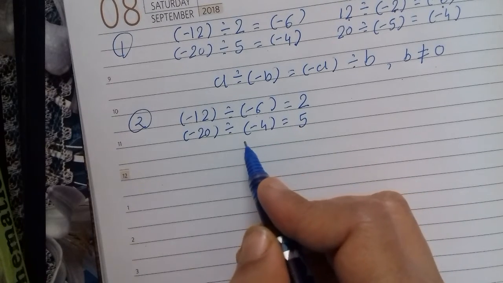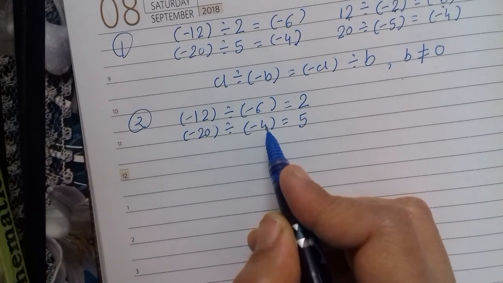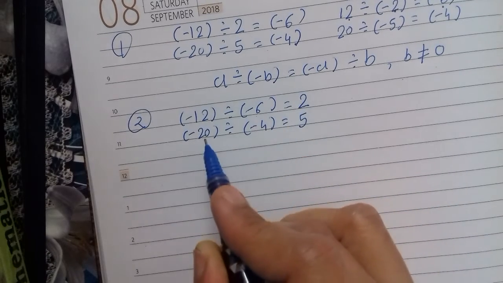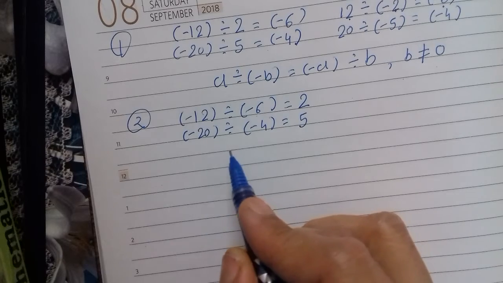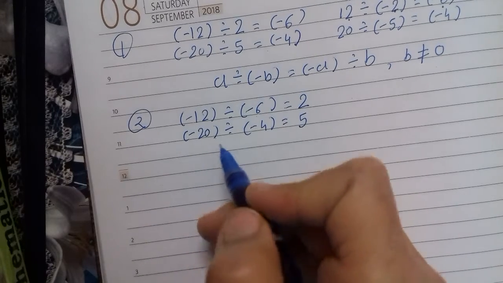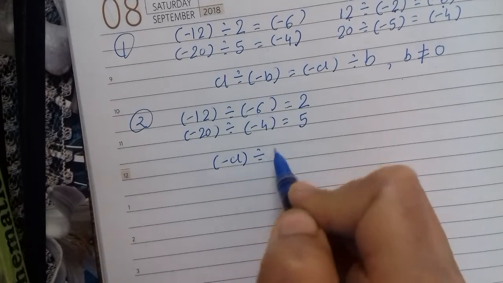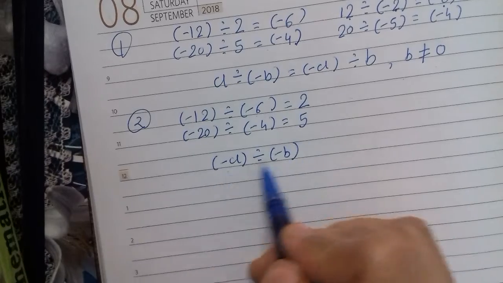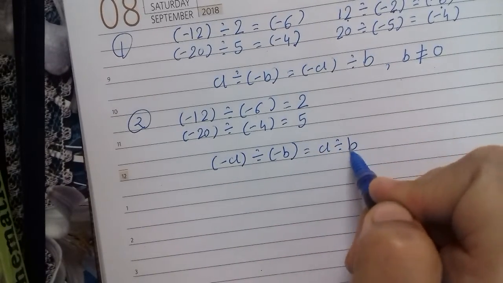We can say that when we divide a negative integer by a negative integer, we get a positive integer. In general, for any two integers a and b, minus a divided by minus b, here both the integers are negative. So we get a positive integer.